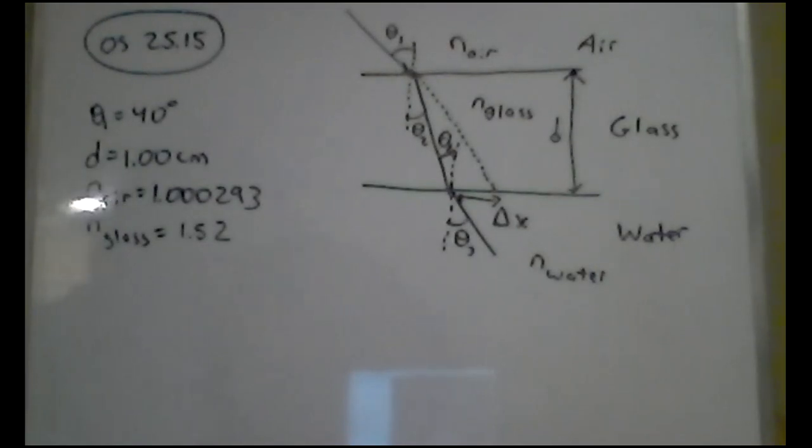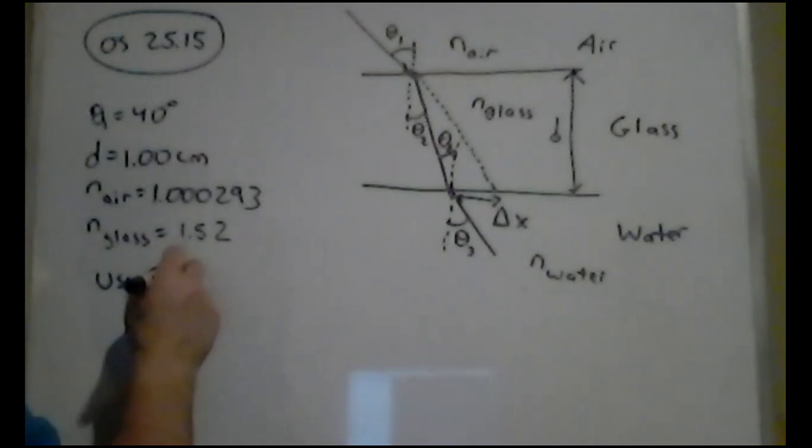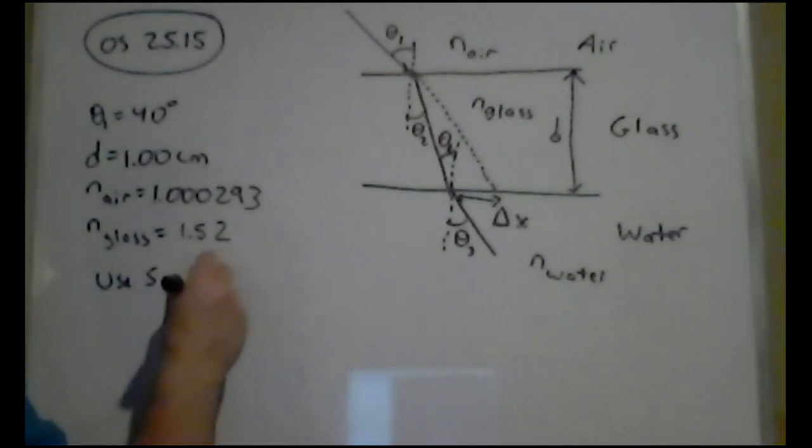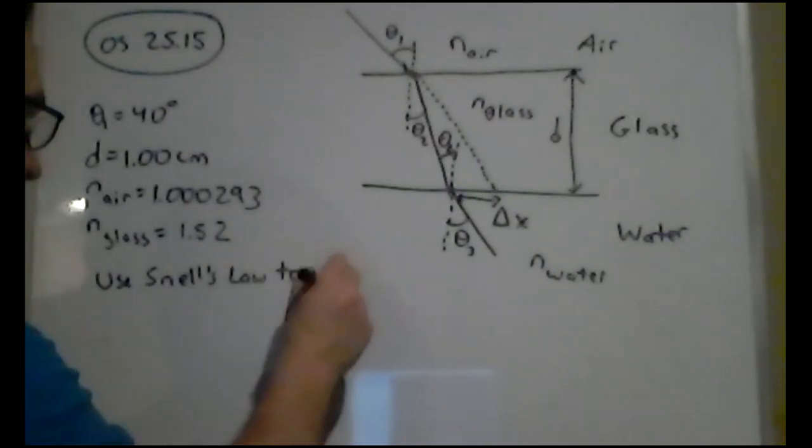Okay, so this is going to be done with Snell's law and also with geometry. One of the first things I need to do is figure out what is theta 2. So I use Snell's law, or the law of refraction, to compute theta 2.